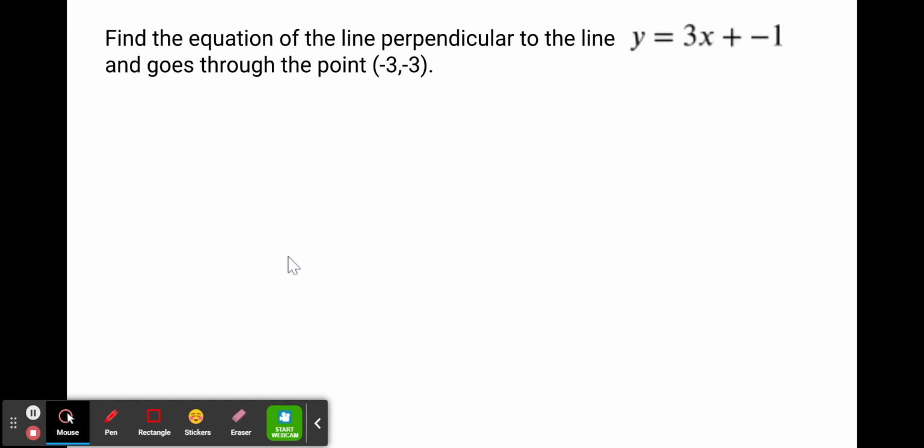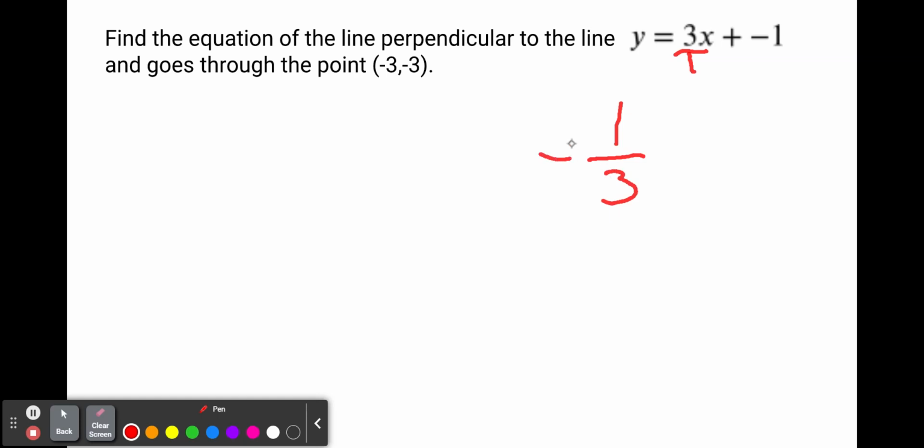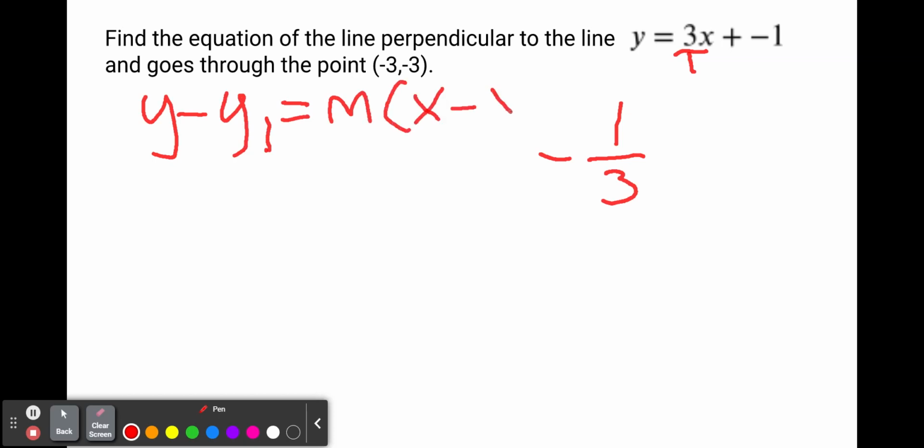Okay, let's look at the next one. So my slope here is 3, so I need to do the opposite reciprocal. So I'm going to take 3, put it over 1, and then flip it. So 1/3, and then make it negative. So it's -1/3. And I'm plugging into the equation y minus y1 equals m times x minus x1.